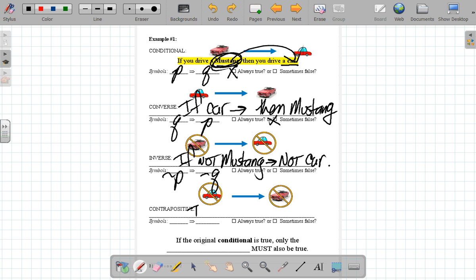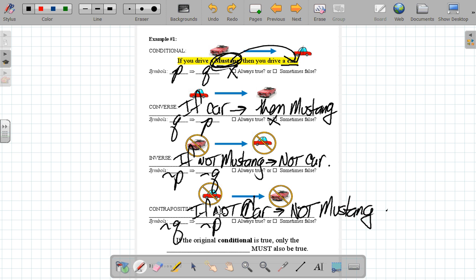Last one. If not car, I'm not driving a car, then I'm not driving a Mustang. Opposite Q, opposite P. Check the box. Just in front of me.